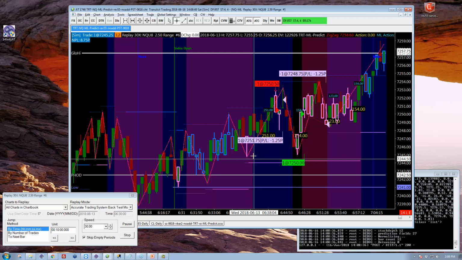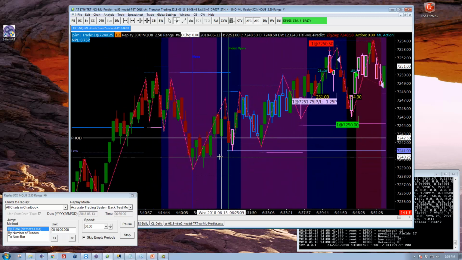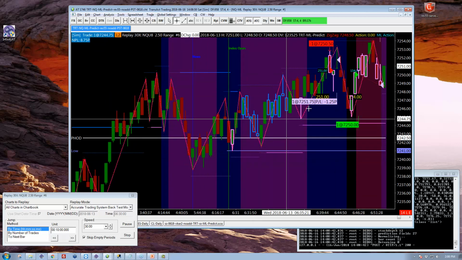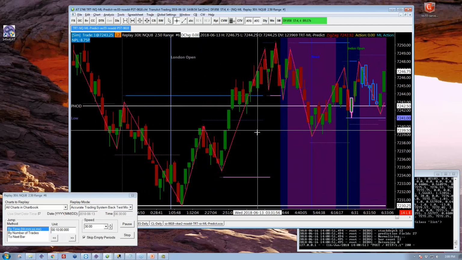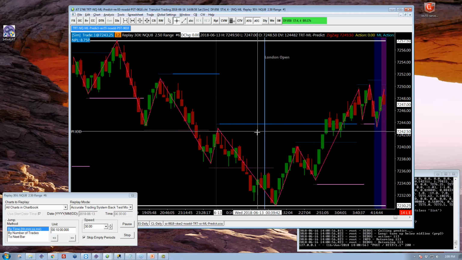The current method in the current spreadsheet has a moving average in it. It's an 89 period moving average, and we just look at the angle of that moving average to see whether the market is sideways or not. And the problem with that is that it's laggy.